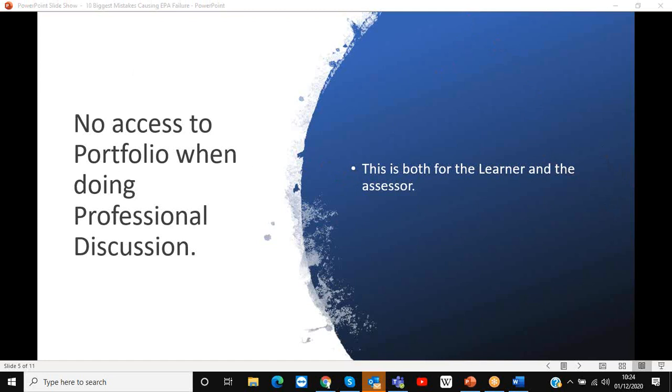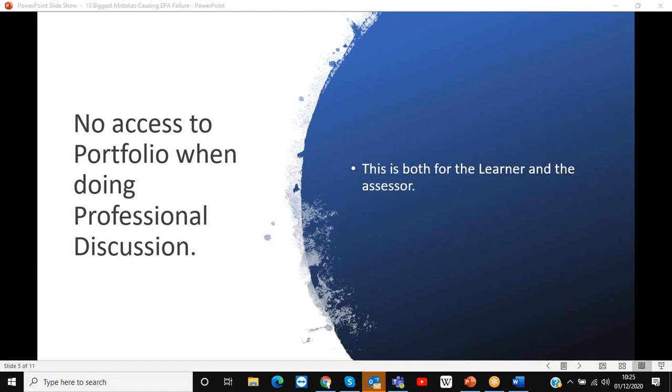So making sure that the learners have active use of that portfolio and are always aware of exactly what is contained within it is going to be a much better step for them in terms of being more involved in the process.